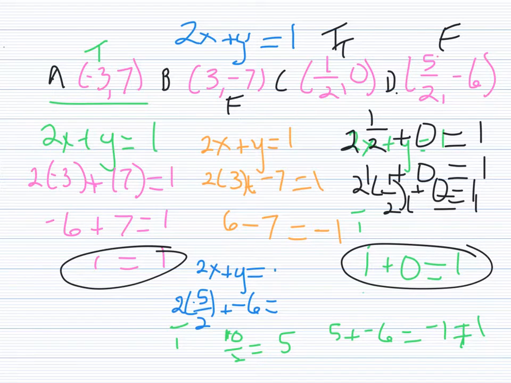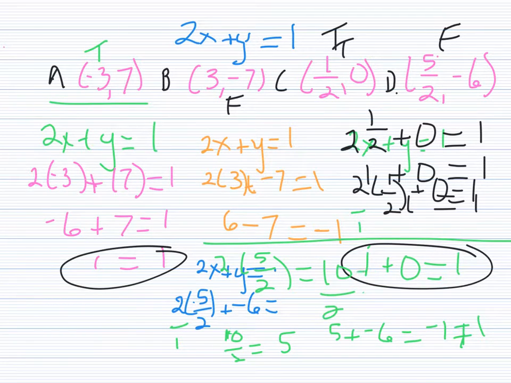And then we have D. We'll have 2 times 5 over 2, and that's going to be on this first part of the equation. So this is going to equal 10 over 2, which equals 5.